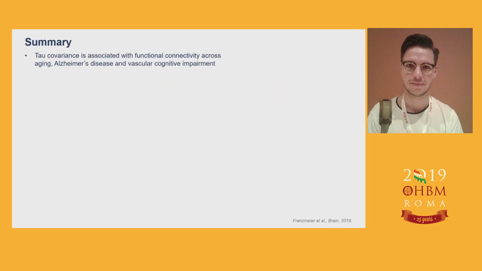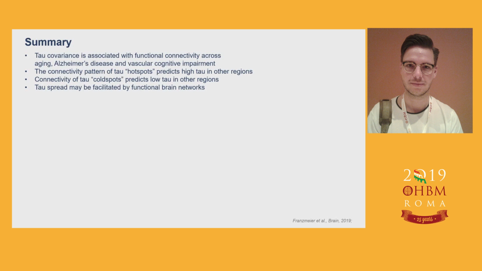So to sum that up, our findings show that tau covariance is associated with connectivity across normal aging, AD, and vascular cognitive impairment. Very importantly, the connectivity pattern of those very early tau sites predicts a gradient of tau in the connected regions, whereas the opposite was found, as expected, for the regions with very low tau, so motor regions for instance.